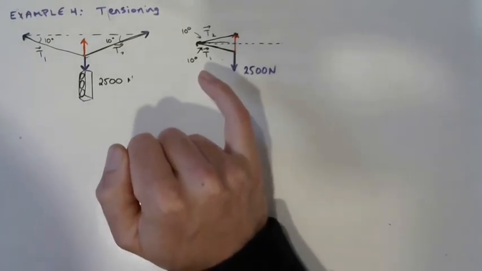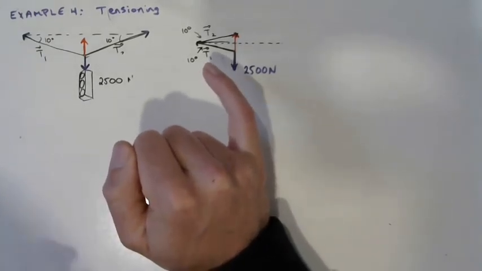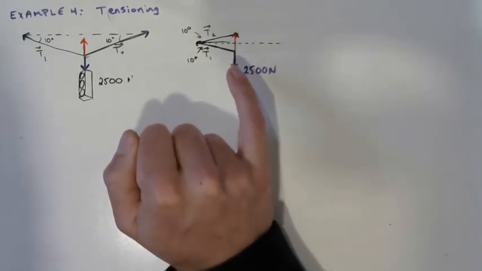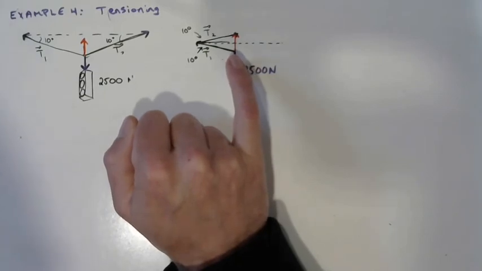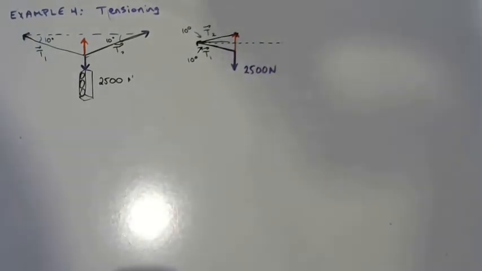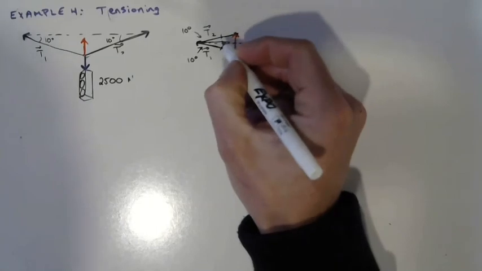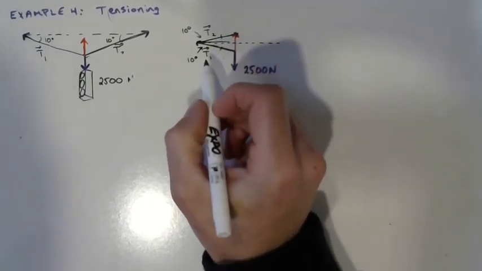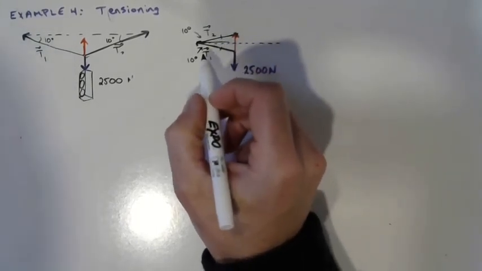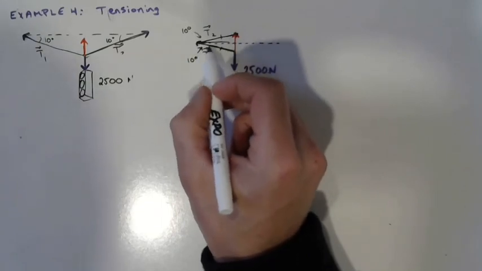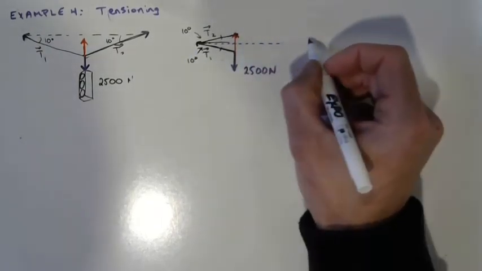So we're going to use trig to solve this. First thing we're going to do is find the angles at the base of this isosceles triangle. It's an isosceles triangle because we know the two wires are equal in length. To figure that out, we take this angle, which is 10 plus 10, 20 degrees.